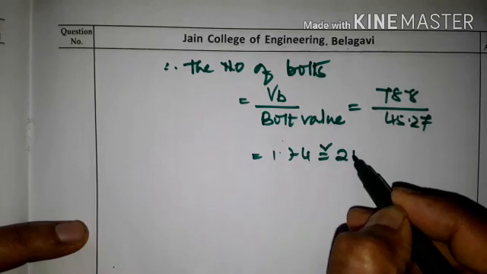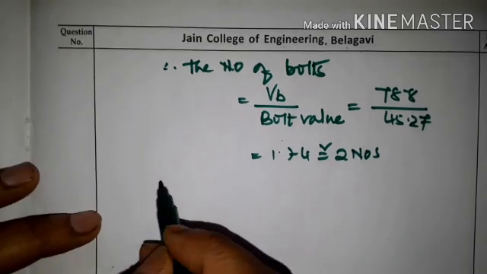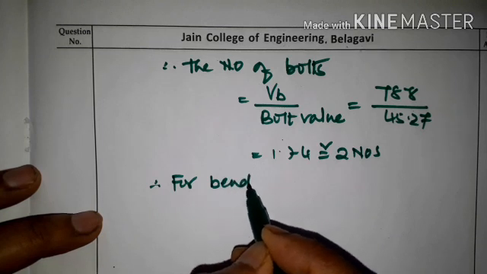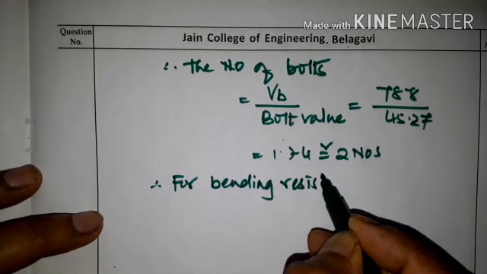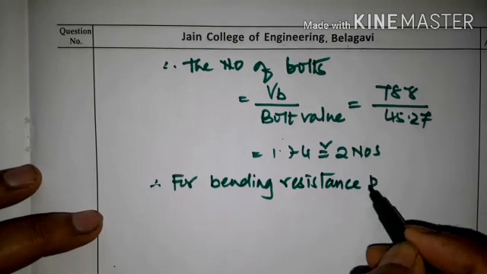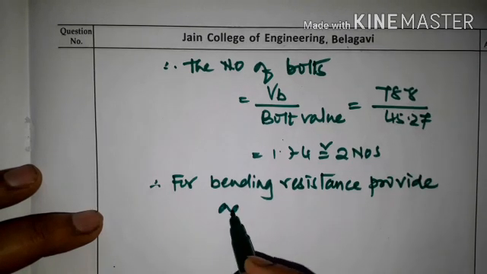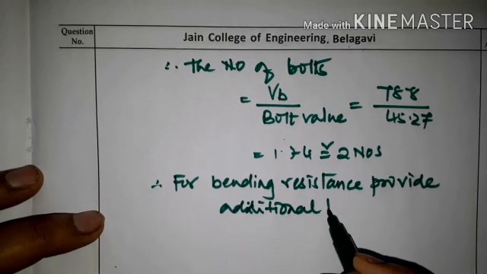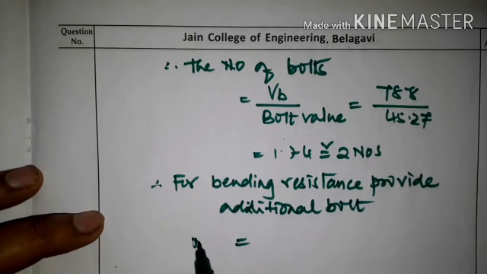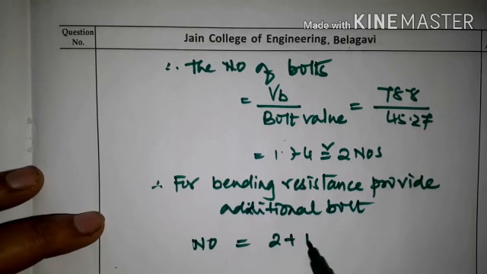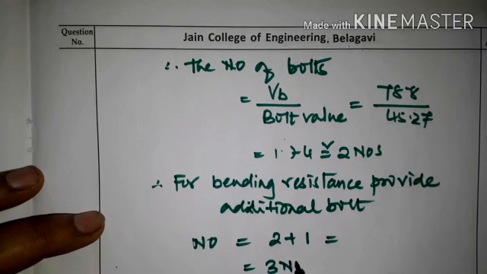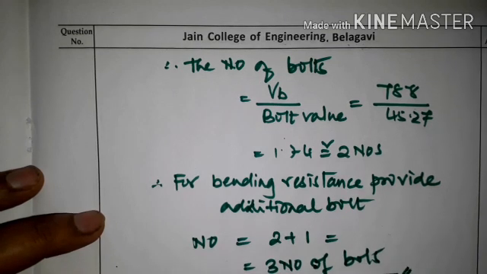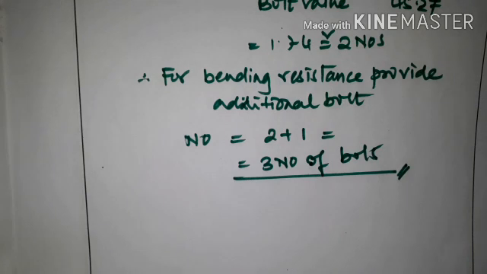So we provide two numbers, and for bending resistance provide an additional bolt. Okay, so we have to provide the number of bolts, 2 plus 1 additional, so that will be 3 numbers of bolts. So we have to provide 3 number of bolts to resist the bending plus shear.